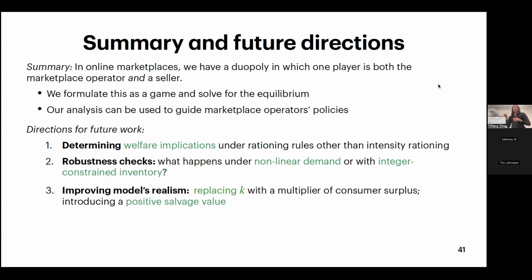So another direction is improving the realism of the model. That means replacing K, which right now is just a constant, with maybe a multiplier of consumer surplus, which takes into account the price. And another thing is considering a positive salvage value, meaning that there should be value to inventory that's left unsold.